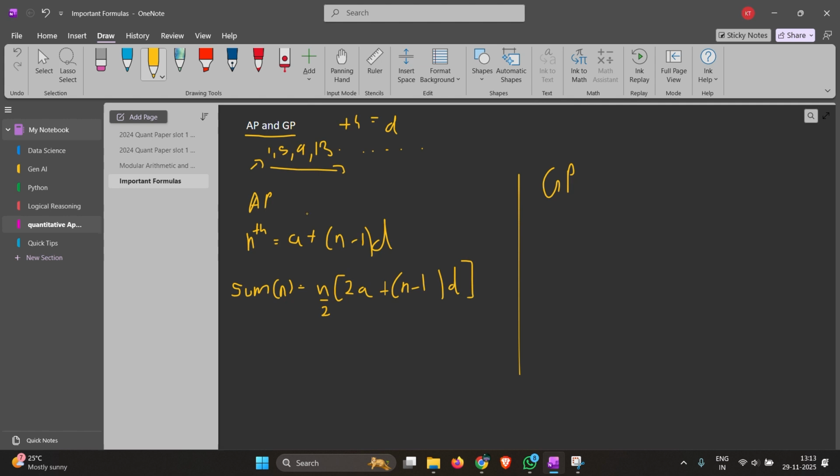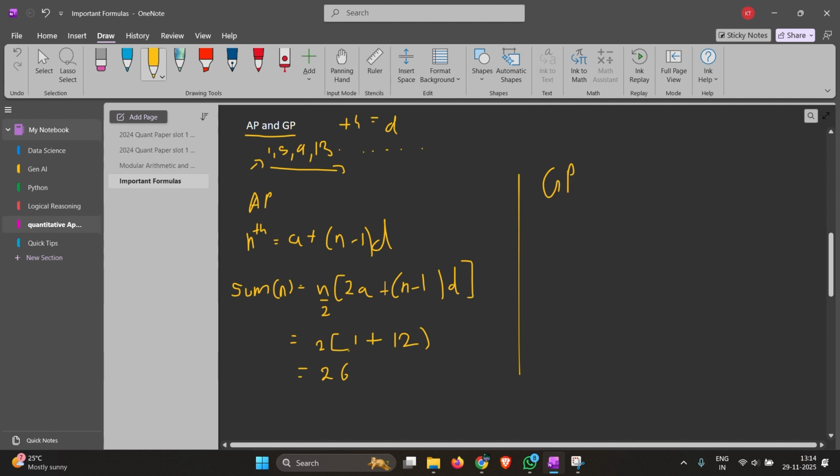For example, for the first 4 terms, this would be 4 by 2, which is 2, times 2 times the first term, which is 1, plus n minus 1 times d. n is 4, so 3 times d, where d is 4, so 12.